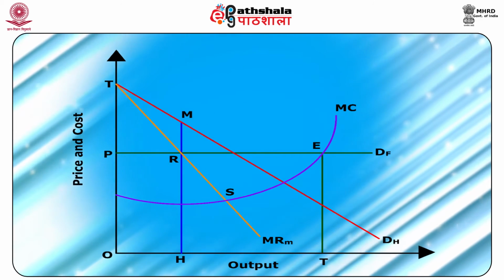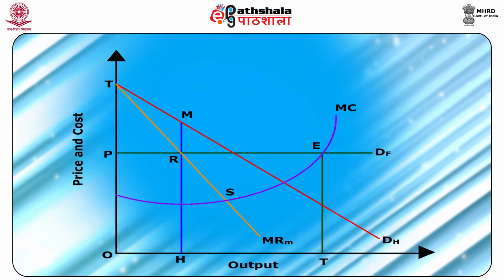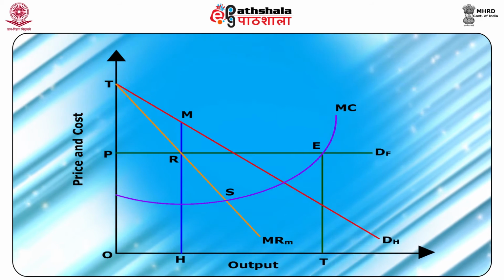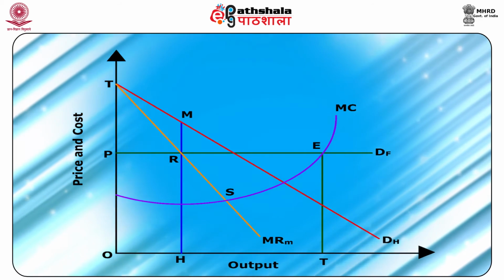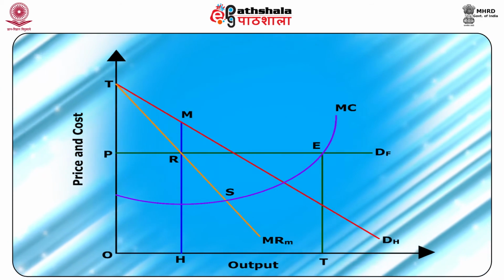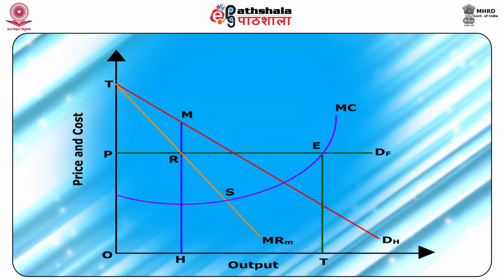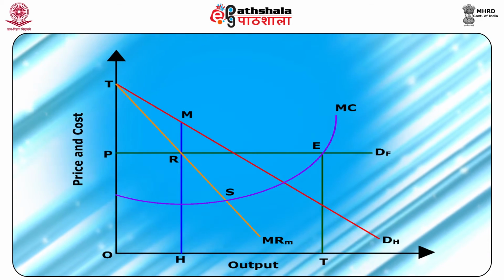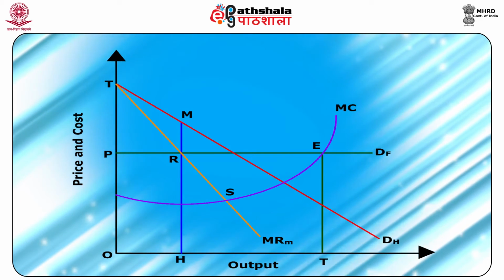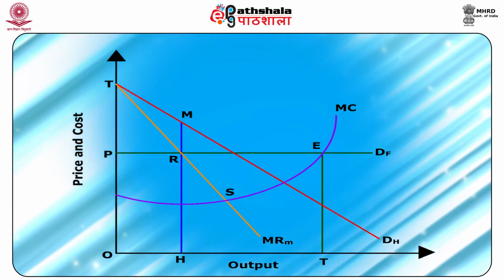The demand curve in the home market is less elastic and downward sloping, and this is the curve DH, and its corresponding marginal revenue curve is MRH. The lateral summation of MRH and PDF leads to the formation of TREDF as the combined marginal revenue curve. As you can see, this is the combined marginal revenue curve.